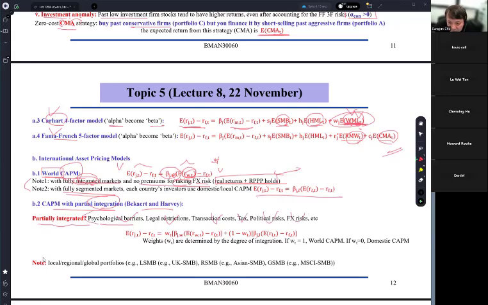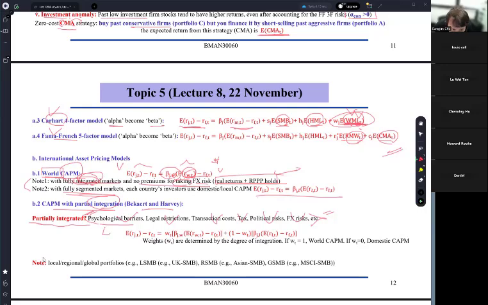For whatever reason, even though any investor can invest into foreign stock markets, they are hesitant to do that. Because of this, both fully integrated and fully segmented are not that correct a statement. So they said we have to think about an asset pricing model for a partially integrated market.